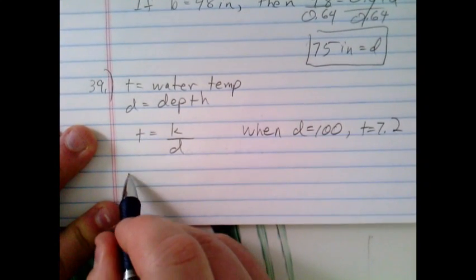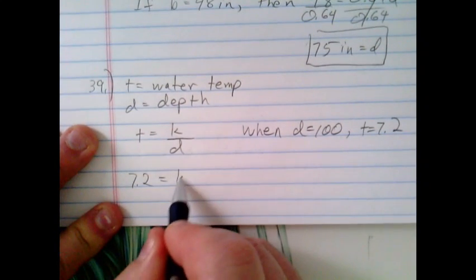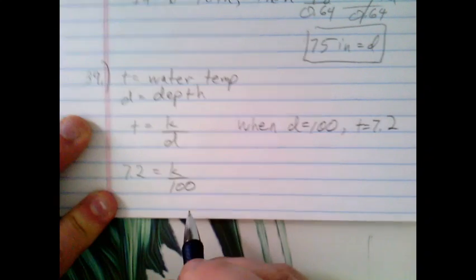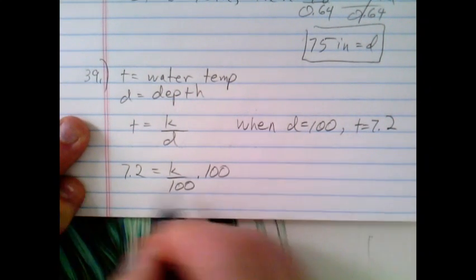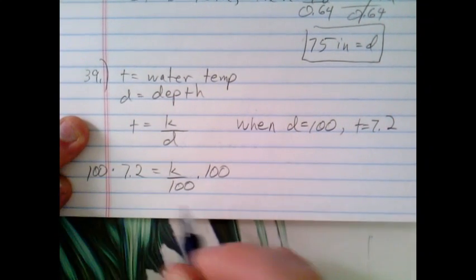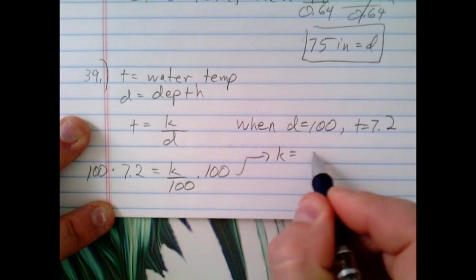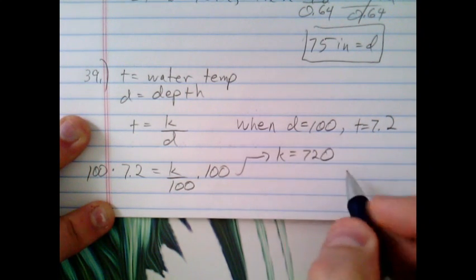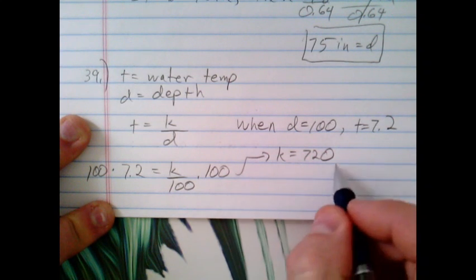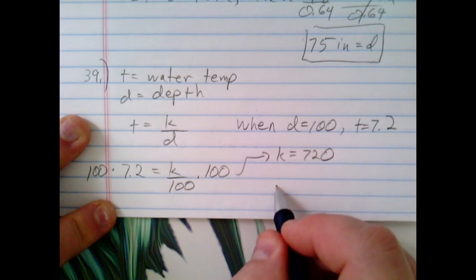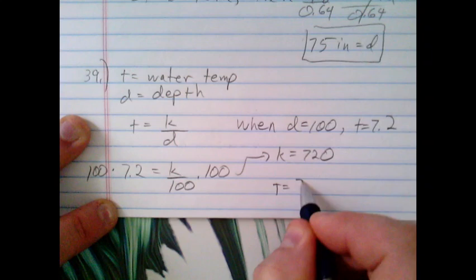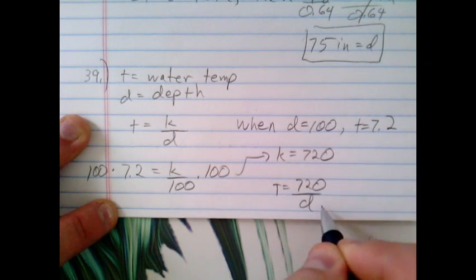So let's plug that in. 7.2 equals K over 100. So I need to multiply both sides by 100. Looks like K is 720. So K is 720, and that means that T equals 720 over D.